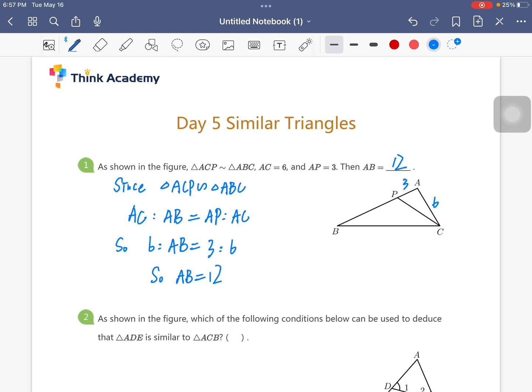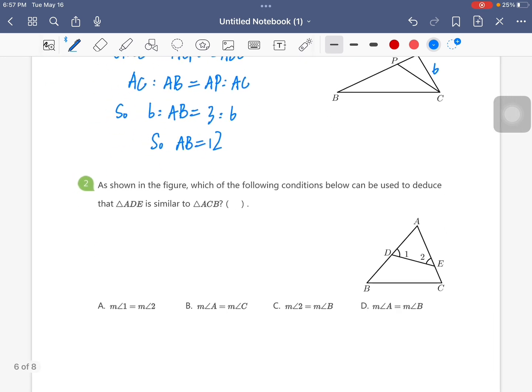And then the second question: which of the following conditions can be used to deduce that triangle ADE is similar to triangle ACB? Before that, let's have a quick recap of the 3 ways that we can prove triangles are similar.